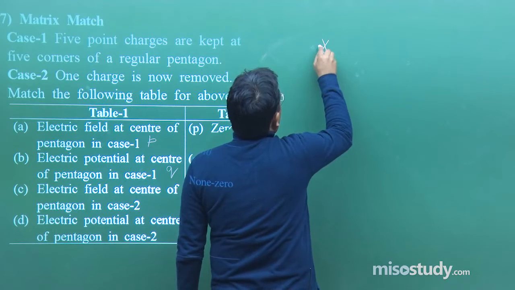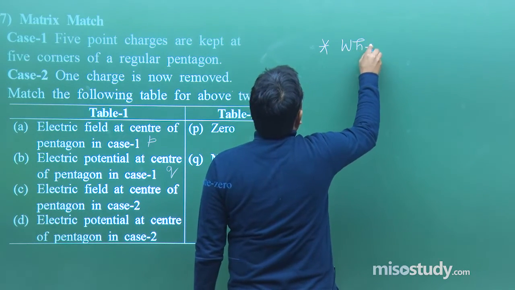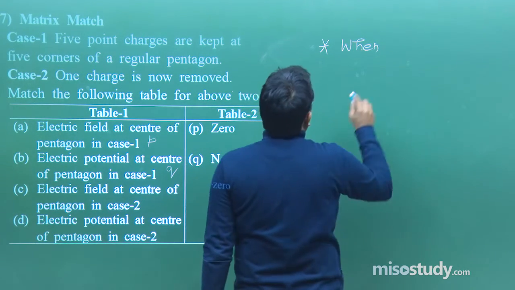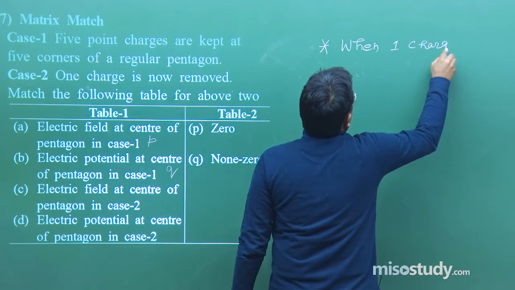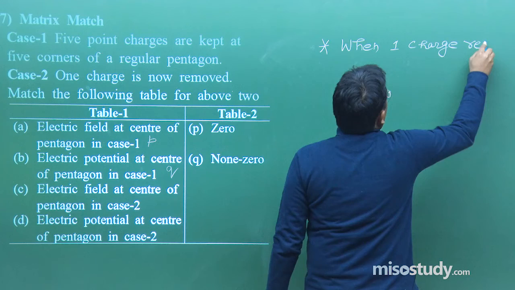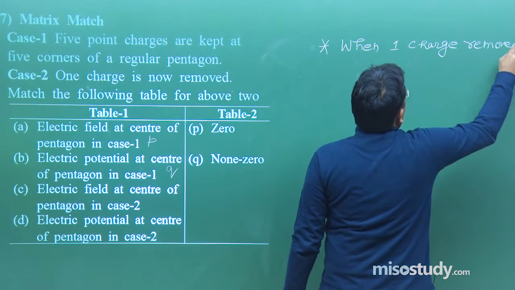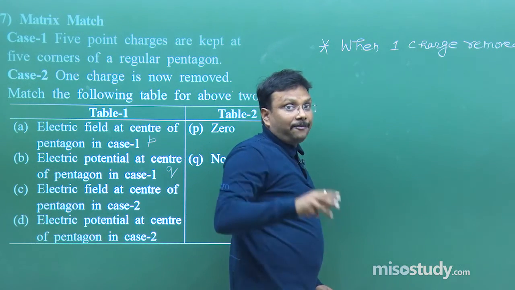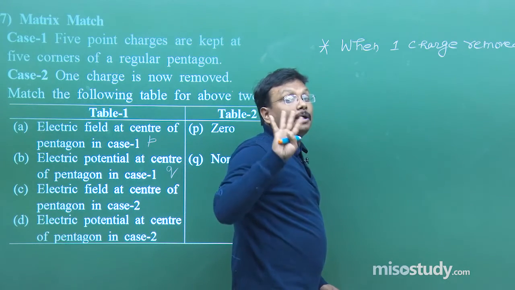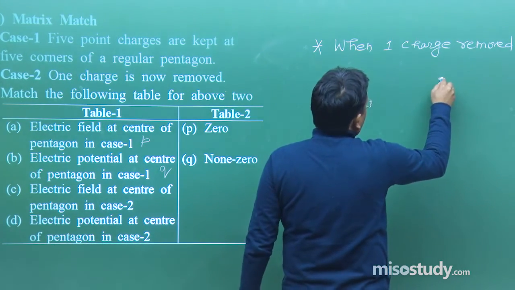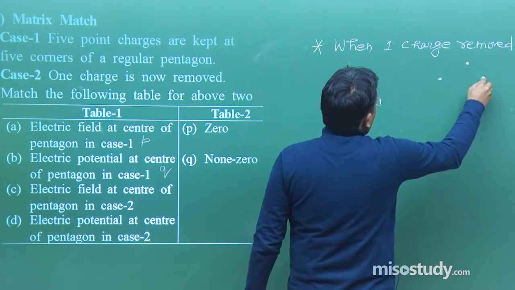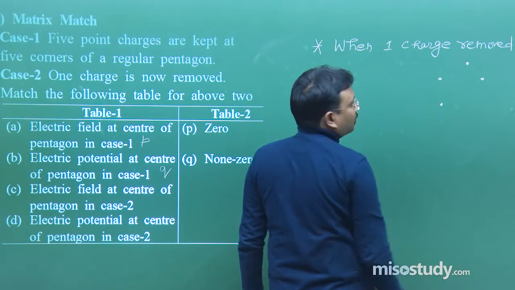Now total charges left are 4, but all those 4 charges are at 5 corners. So, it is like this, and one over here.